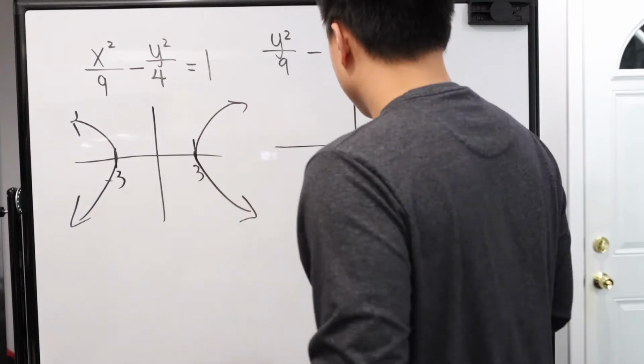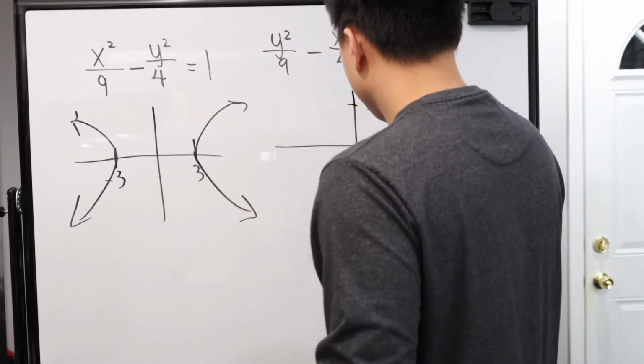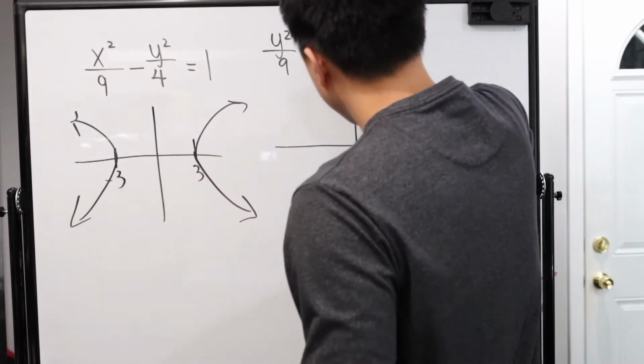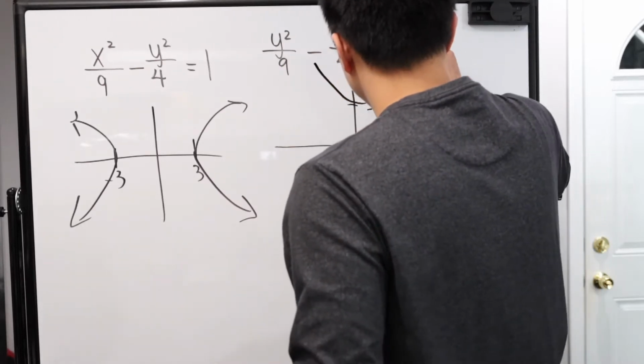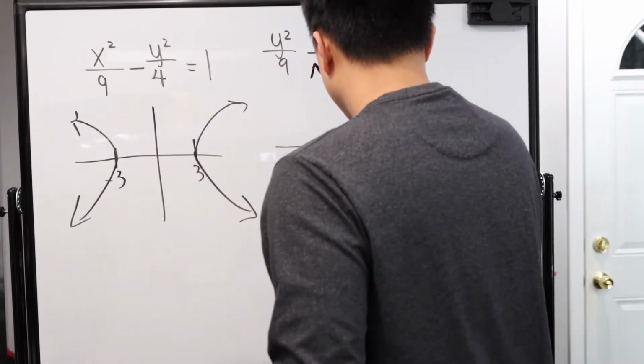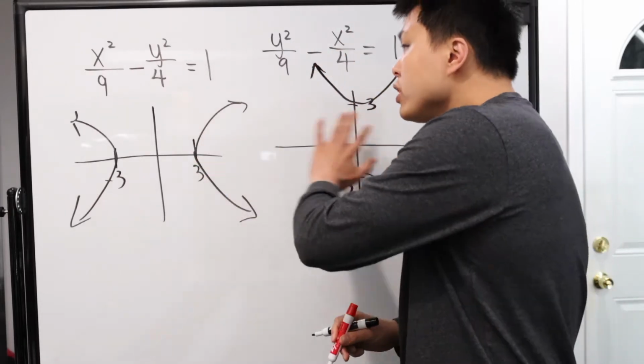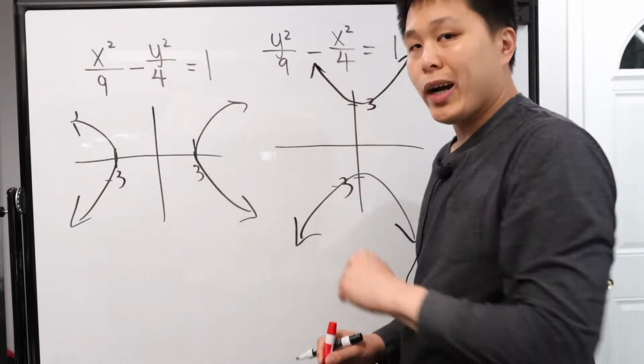So you can sort of guess, this is going to be 3 right here, and -3 right here. So rather than opening left to right, now it's going to open up and down.